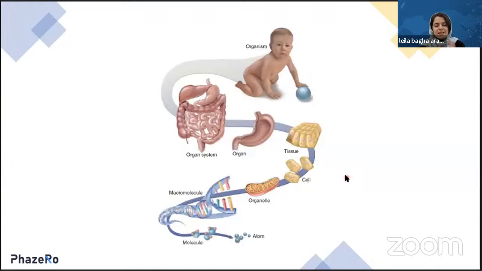Your genome is the code that your cell uses to know how to behave. Cells interacting together make tissues, tissues cooperating with each other make organs, and organs cooperating with each other make an organ system, and then an organism. I mean you. So you are who you are in large part because of your genome.